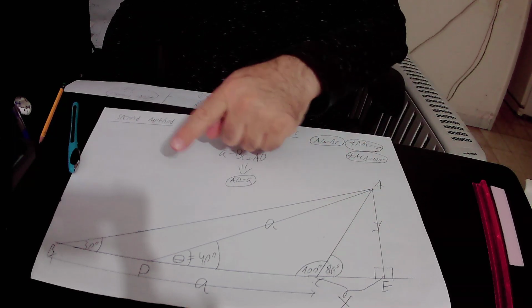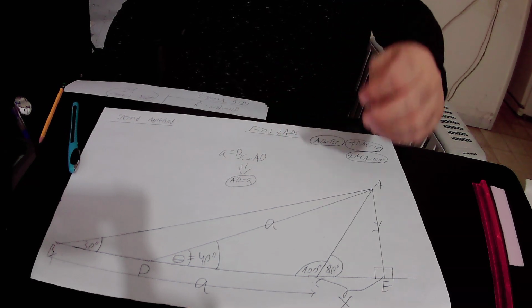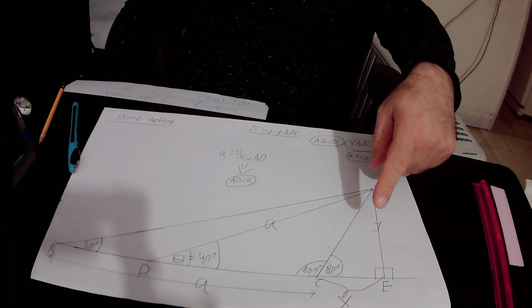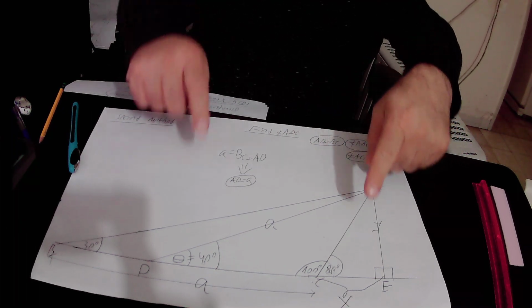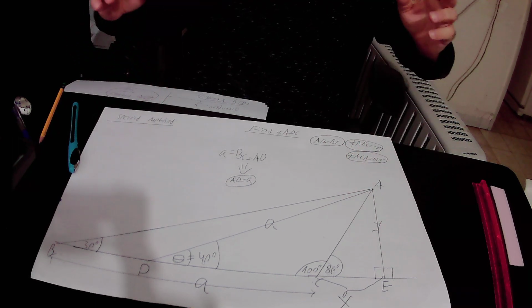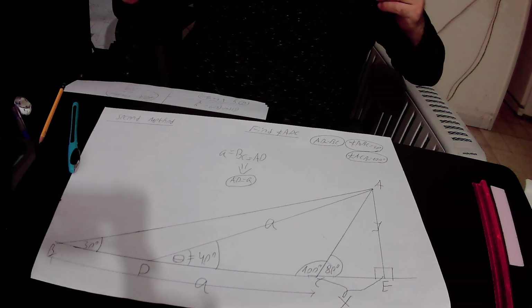Then we found the value of this angle. We know that BC is one side of triangle ABC, therefore it must be a straight line. And when we extended the straight line BC, we got line segment BE that is still a straight line. And we know that the sum of the angles on one side of a straight line must be equal to 180 degrees.